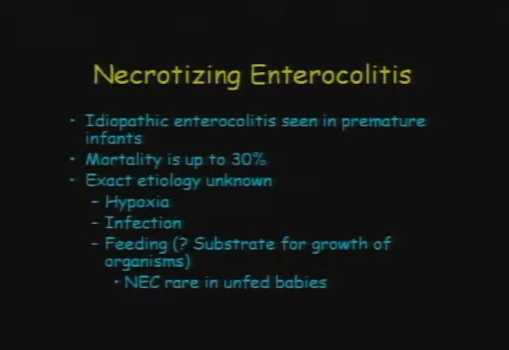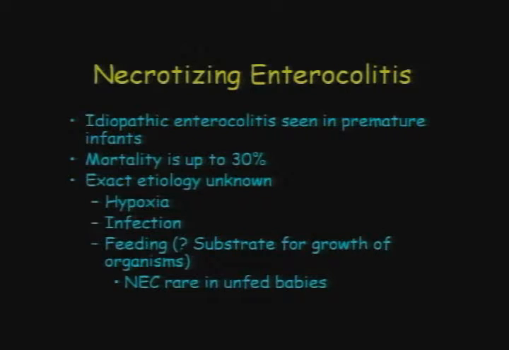First disease I'm going to talk about is necrotizing enterocolitis, which is an idiopathic enterocolitis in premature infants. It has a very high mortality rate of up to 30%. The etiology is unknown. People have thought that it might be hypoxia, infection, or related to feeding, because it's very unusual to see necrotizing enterocolitis in unfed premature infants.